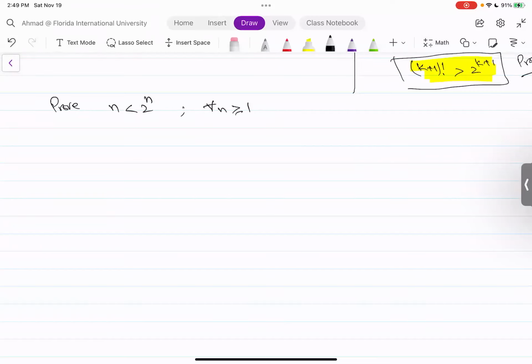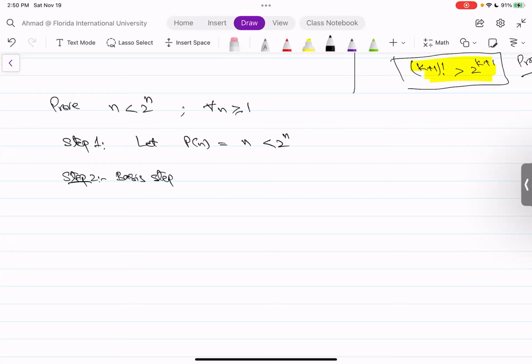So we can use mathematical induction to prove it like we have done earlier. Step number one is simple. Let P of n be n less than 2 to the power of n, right? This time we are solving it for the less than sign. Now step number 2, which is the basis step.